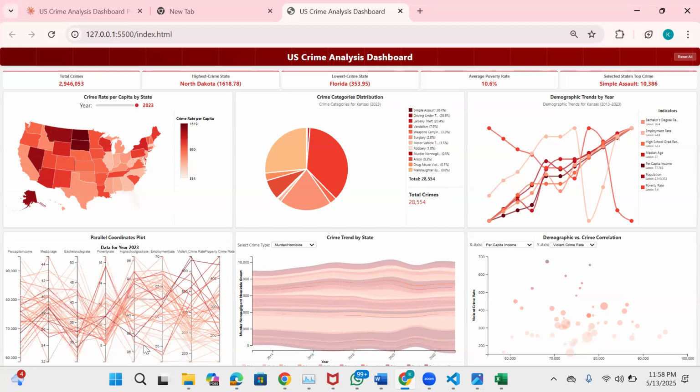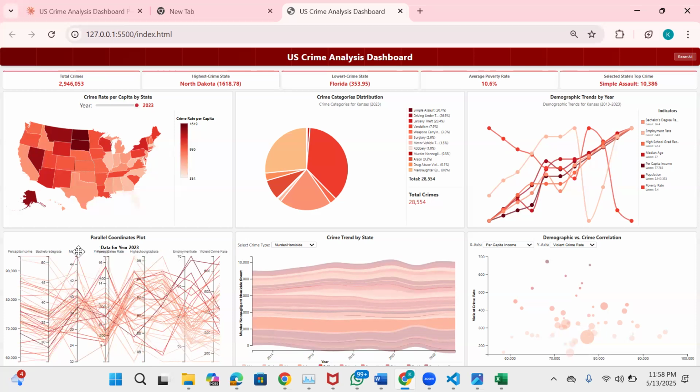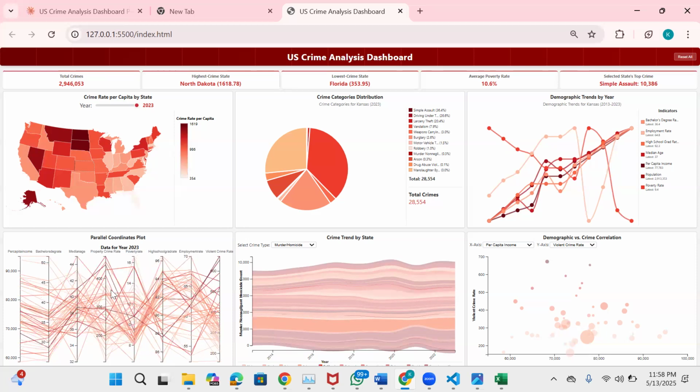The power of this visualization comes from its interactive brushing capability. Selecting ranges on any axis filters states across all visualizations. Our most significant finding is that states with higher bachelor's degree rates consistently show lower property crime rates regardless of the income levels, suggesting that education may be more influential than income alone in reducing crime.